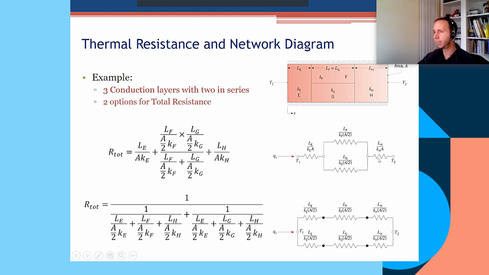This diagram exists if you assume that the temperature at the interface here is the same everywhere. Whereas this one is an alternative, and it's difficult; it depends on your heat flow, it depends on the conduction coefficient and so on. But you could assume that the heat flows in parallel through here, and then heat flows in parallel through the whole thing.